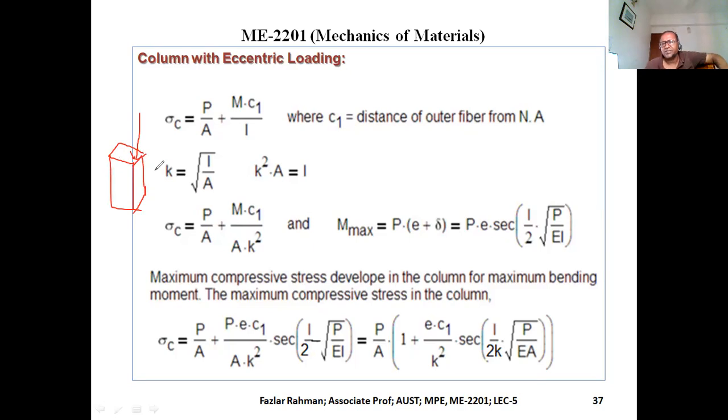In that case, the column doesn't buckle that much, but it fails by only compressive stress. That is called a strut, STRUT. Normally I teach that in machine design, so we will not include that one.